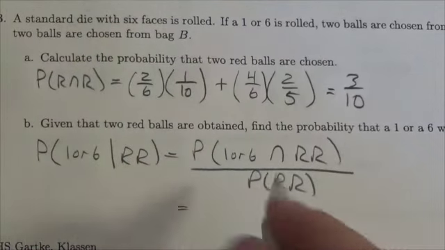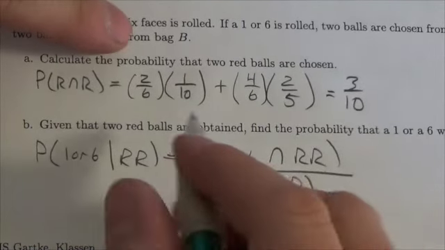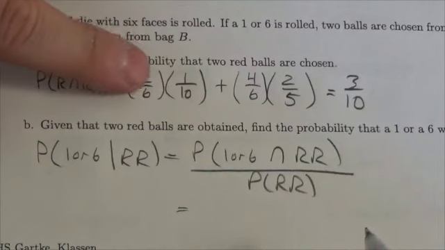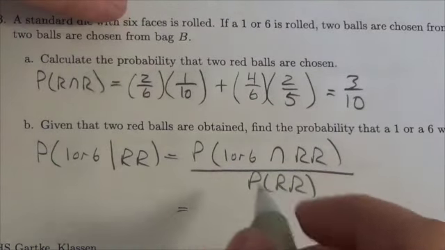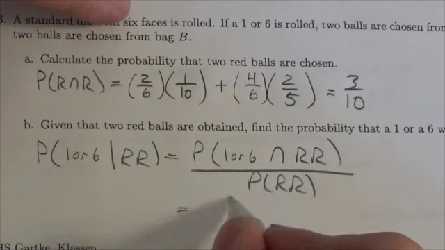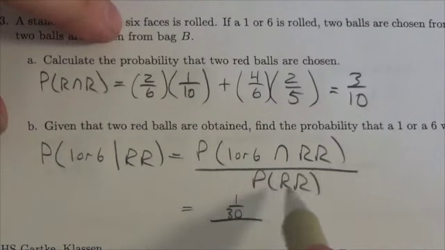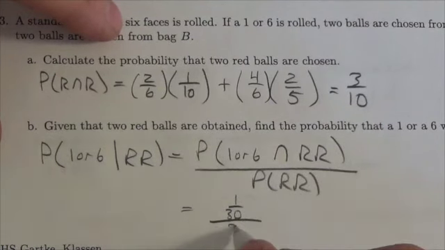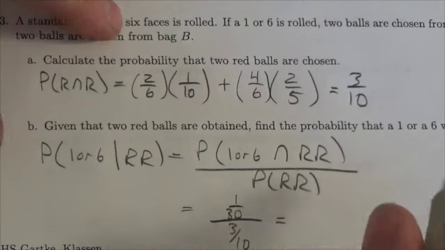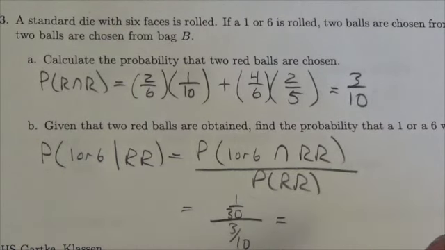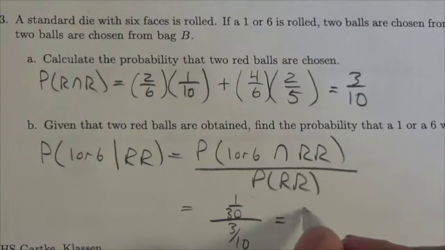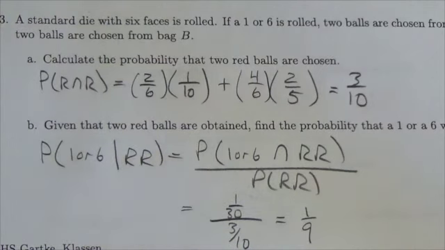The probability of a 1 or a 6 and 2 reds, we just saw, was 2/6 of 1/10, which ends up being 1/30. And the probability of getting 2 reds we just figured out was 3/10. So we get 1/30 divided by 3/10, and our answer is 1/9.